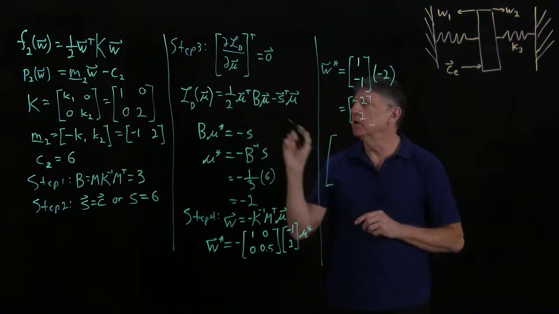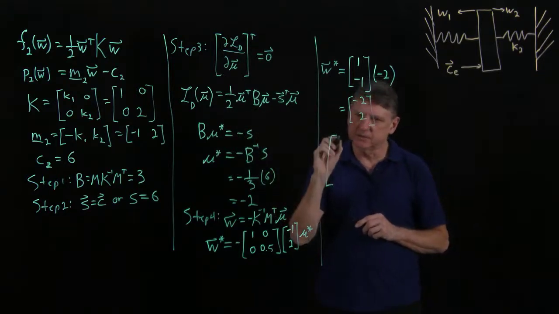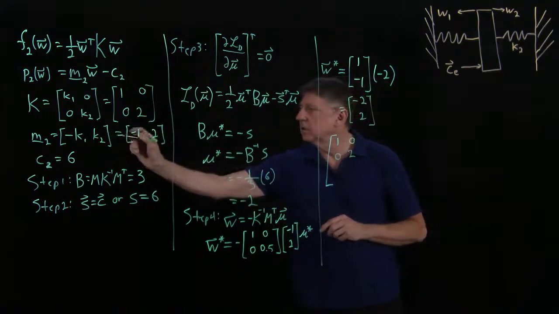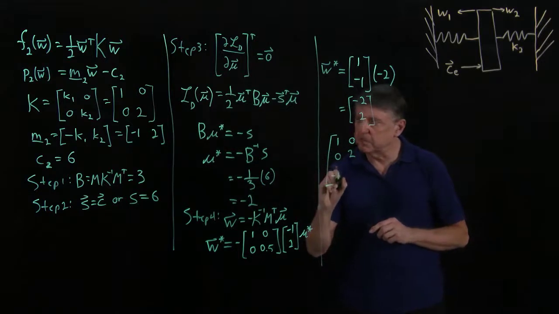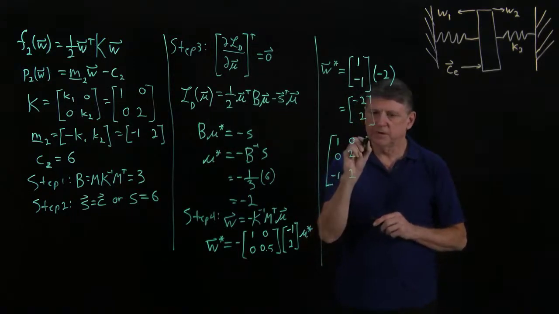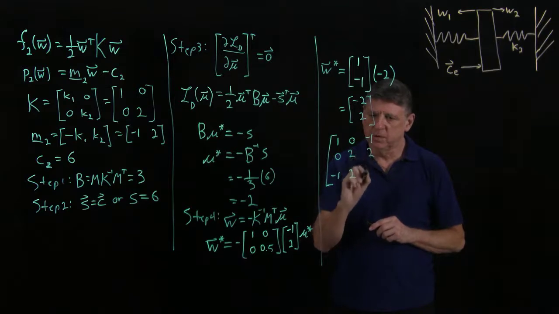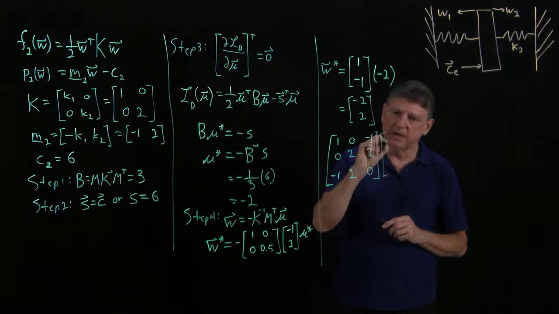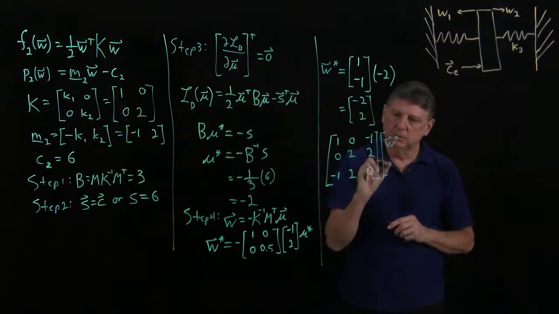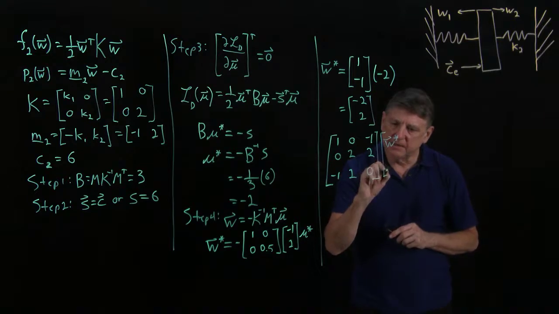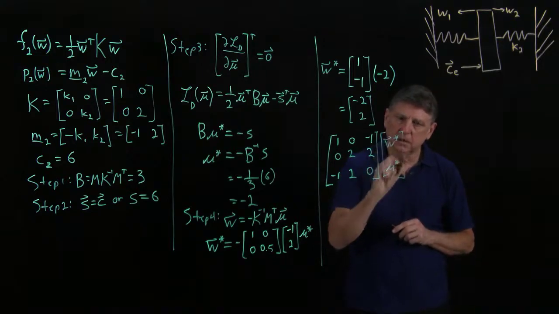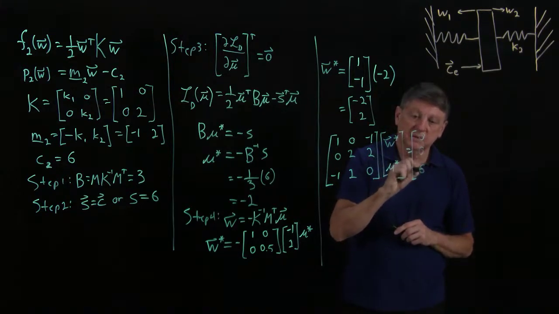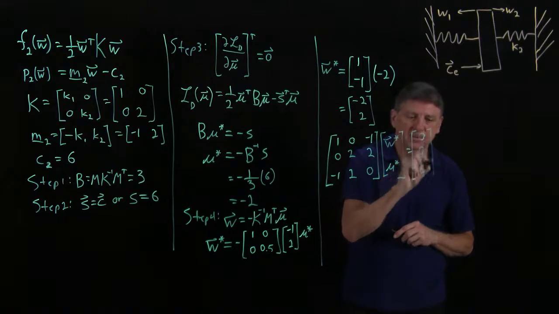Now, let's check the primal problem. The primal problem was we take the K matrix and we put that in, so that will be 1, 0, 0, 2. We write our constraint 1 form, that's minus 1, 2. We transpose it to the vector minus 1, 2. We always put 0 in the lower right corner, and that, when multiplied by our optimal argument and our optimal multiplier, had to equal 0, 0, 6 for the problem that we had before.